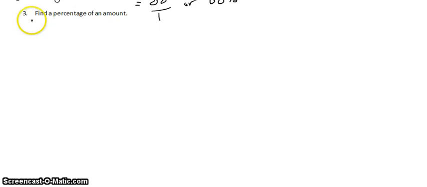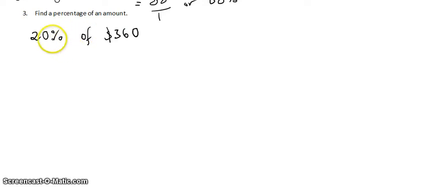Alright, question 3 says find a percentage of an amount. Now this is very simple. Let's look at an example. So we have 20% of, let's say, $360. Say the question is asking that there was a sale and you want to find 20% of $360.